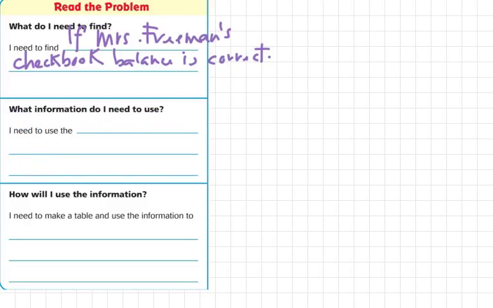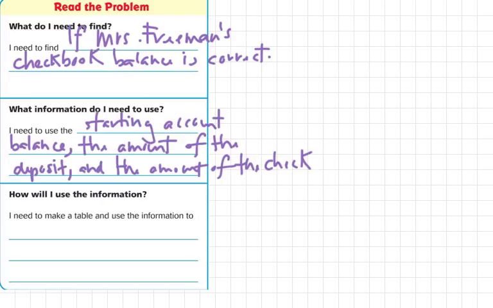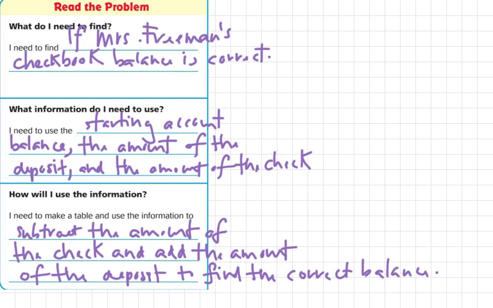I need to use the starting account balance, the amount of the deposit, and the amount of the check. Lastly, how will I use the information? I need to make a table and use the information to subtract the amount of the check and add the amount of the deposit to find the correct balance.